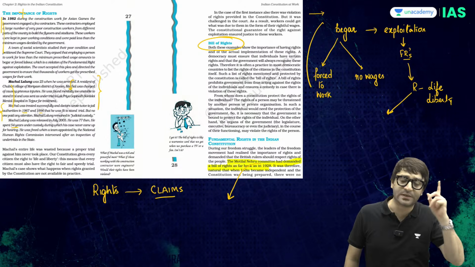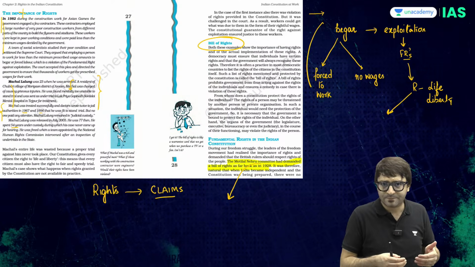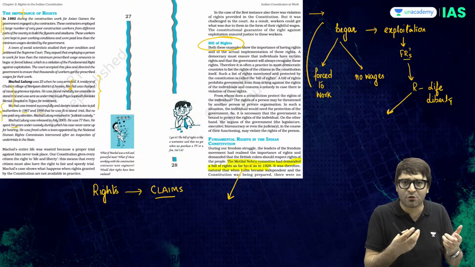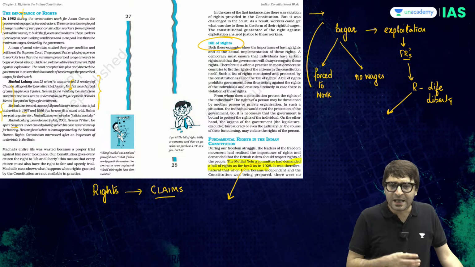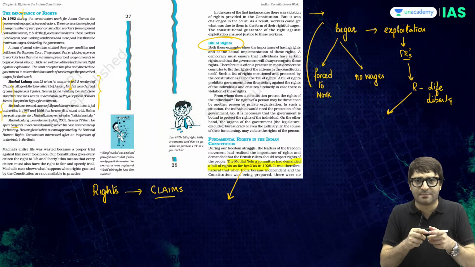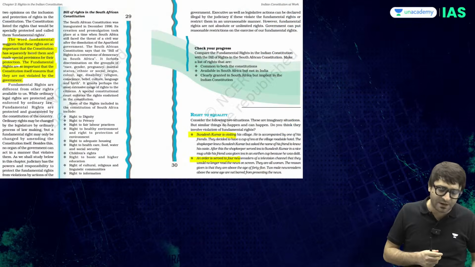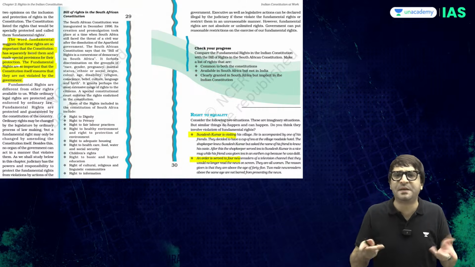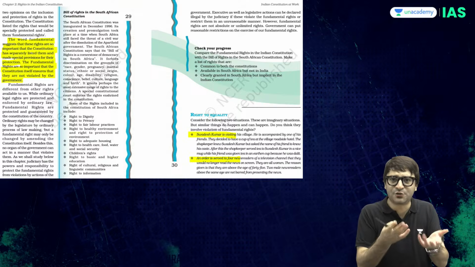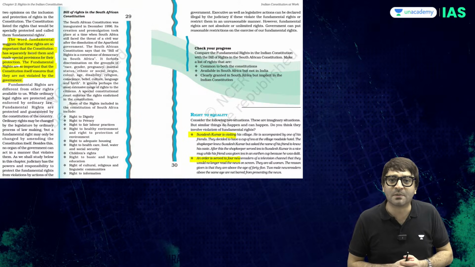So if those who fought for our independence wanted and demanded rights from the British colonial government, and now that India was independent, we discussed yesterday the Constituent Assembly, which was set up to draft the Constitution of India. When this Constituent Assembly was set up, there were no two opinions on whether we should have these rights or not. These rights had to be given to the people. And these rights are now called fundamental.